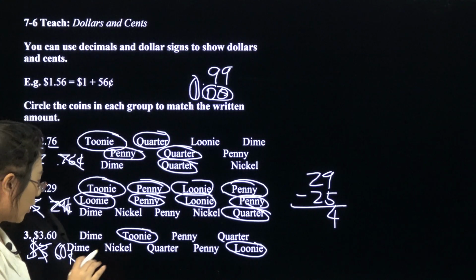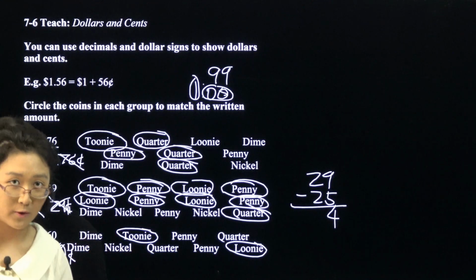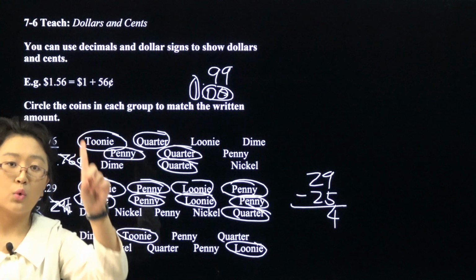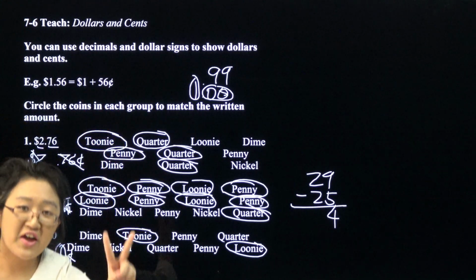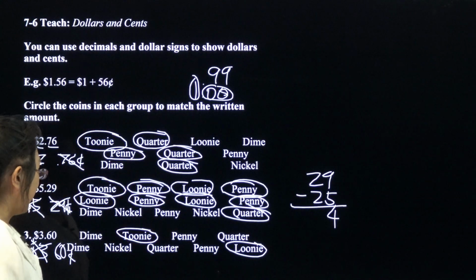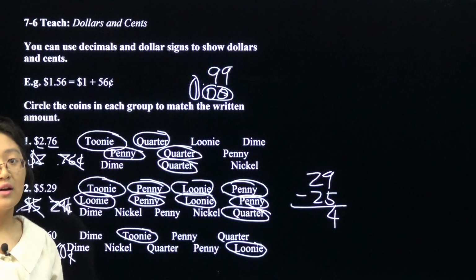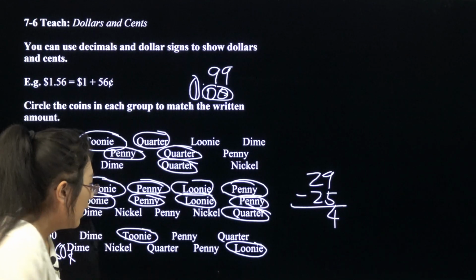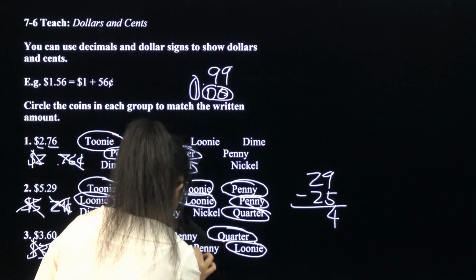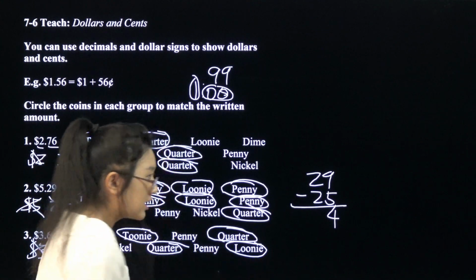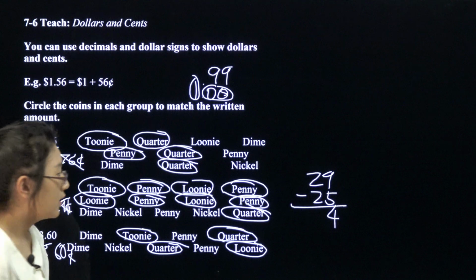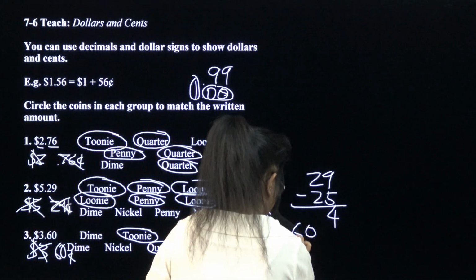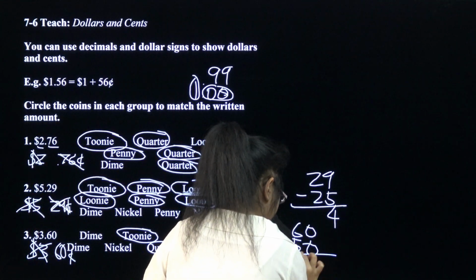And so we have quarters. That's good. We have 2 quarters. 2 quarters is 25, 50. Is 50 smaller than 60? Yes, which means that we still need more coins. But what coins do we need? Well, 60 minus 50 is 10.